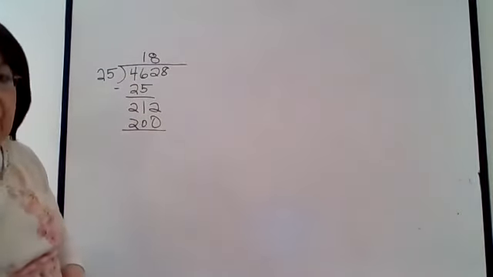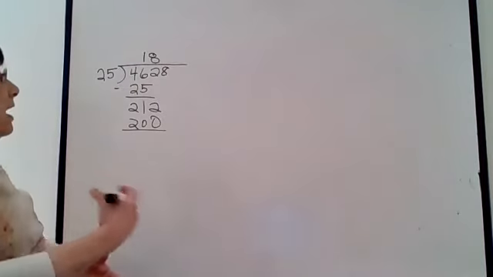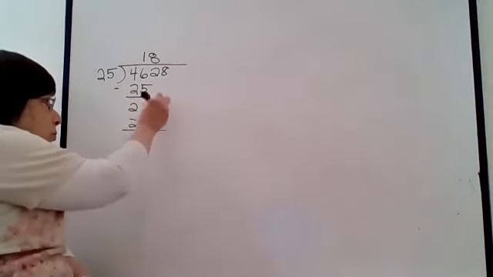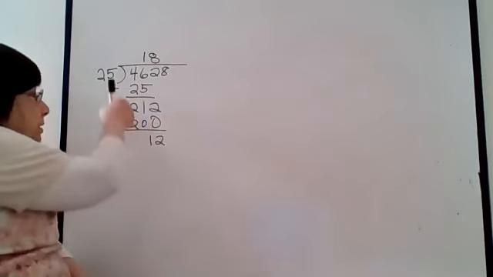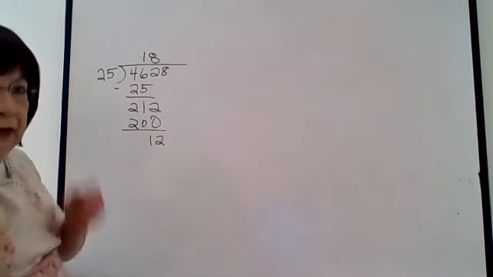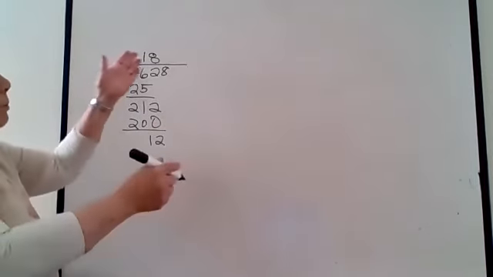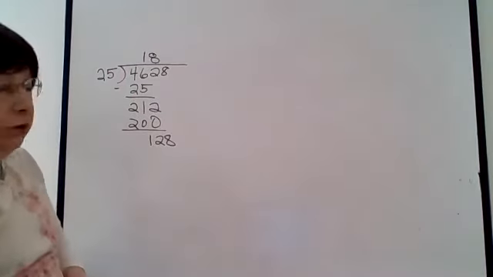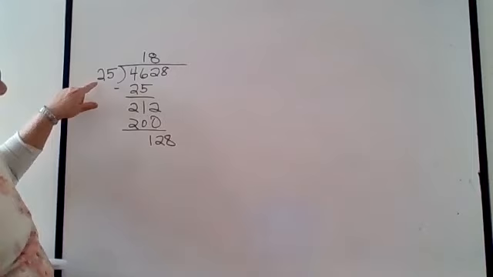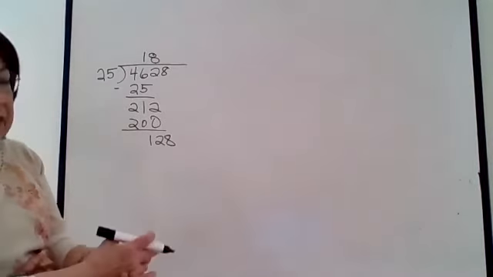I multiply, and the next thing I do is, again, I subtract. So 2 minus 0 is 2, 1 minus 0 is 1. I'm left with a remainder of 12, and I bring down the next number, which is 128. And again, I start the process again.